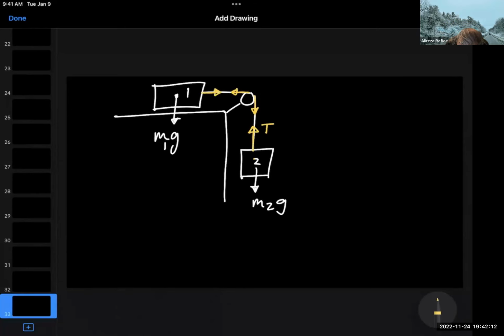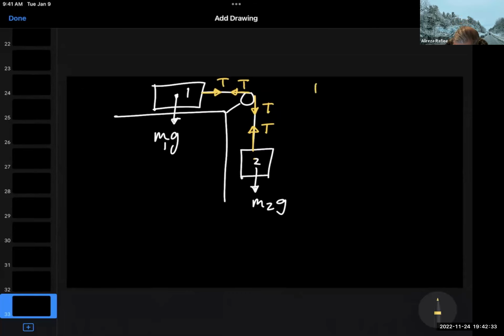Whatever is this tension would be the same as this one, and the same as this one. So the tension would be the same, simply because the rope is not going to stretch. And so now I have two basically systems. I can say they are separate, but they are also connected.